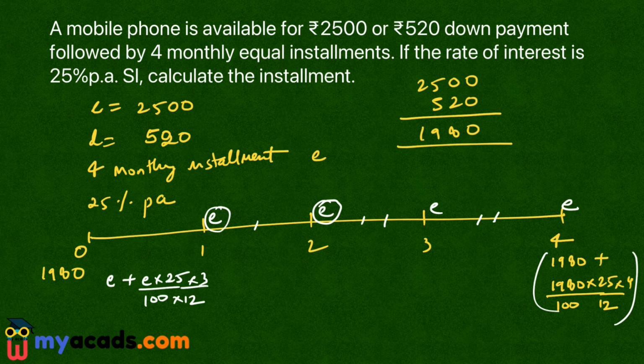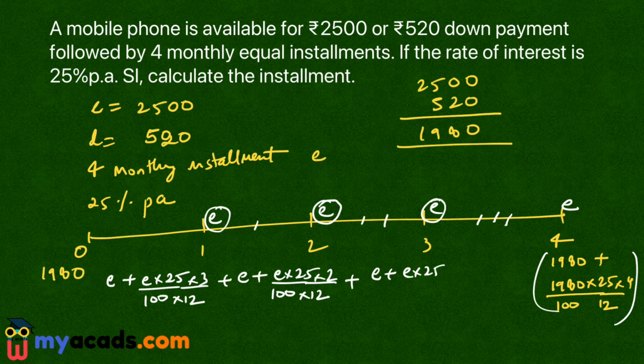So the amount paid will be E plus E into 25% into 2 by 12. Similarly, the third installment E, the shopkeeper will earn interest on this E for 1 month. So the amount paid will be E plus E into 25% into 1 by 12.